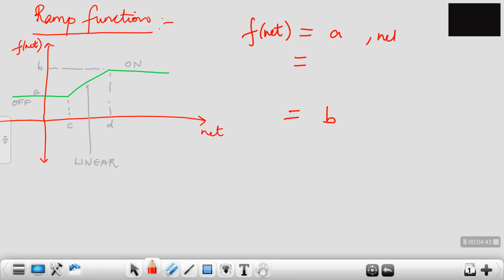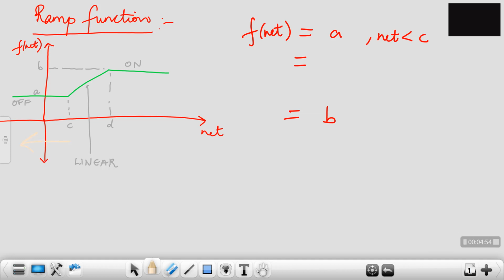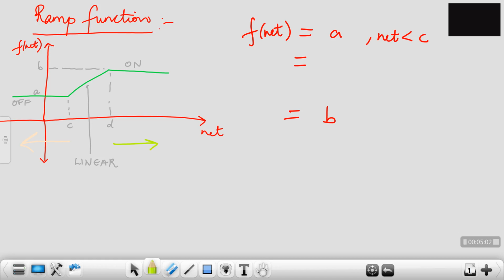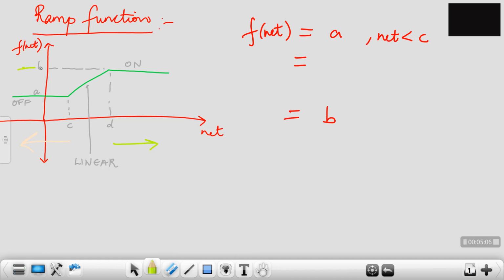When net is less than C. In this particular case you can see that it is equal to A. Then beyond D, we can see that f of net is equal to B. You can see this level here, f of net is equal to B. And here f of net is equal to A, that is, less than C.